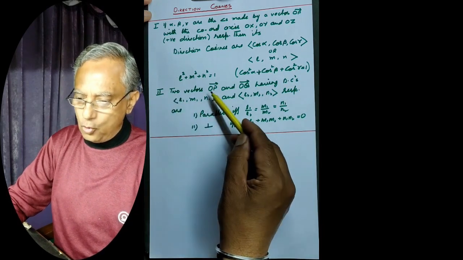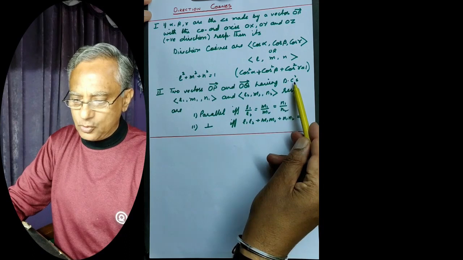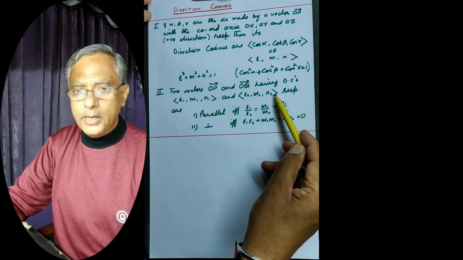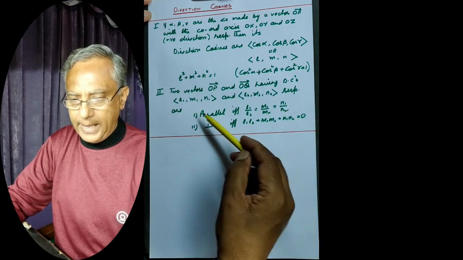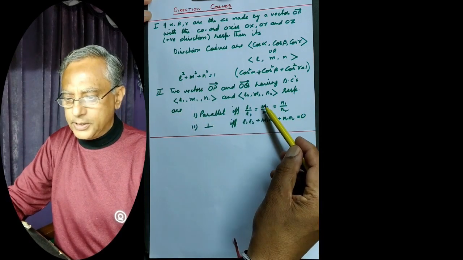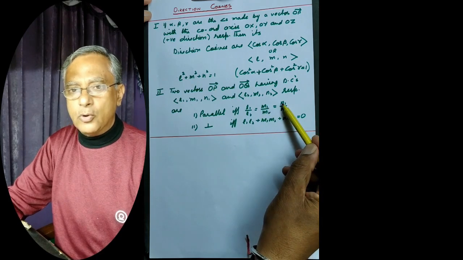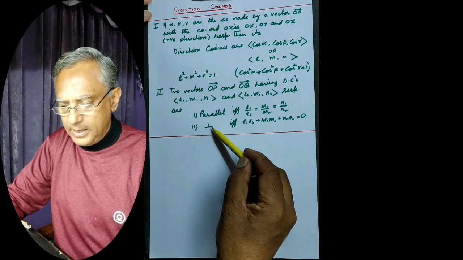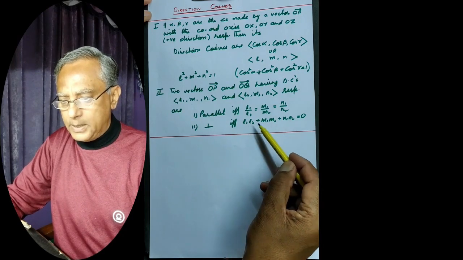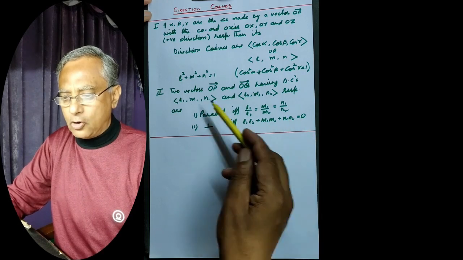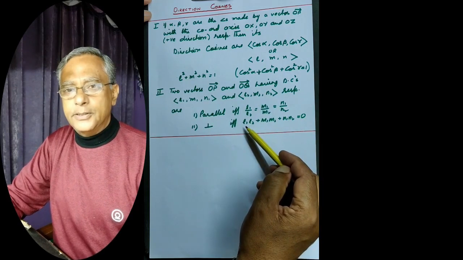Now two vectors OP and OQ having direction cosines L1, M1, N1 and L2, M2, N2 respectively are parallel if and only if L1 over L2 is equal to M1 over M2 is equal to N1 over N2, and they are perpendicular if L1 L2 plus M1 M2 plus N1 N2 is equal to 0. That is, their dot product is 0.